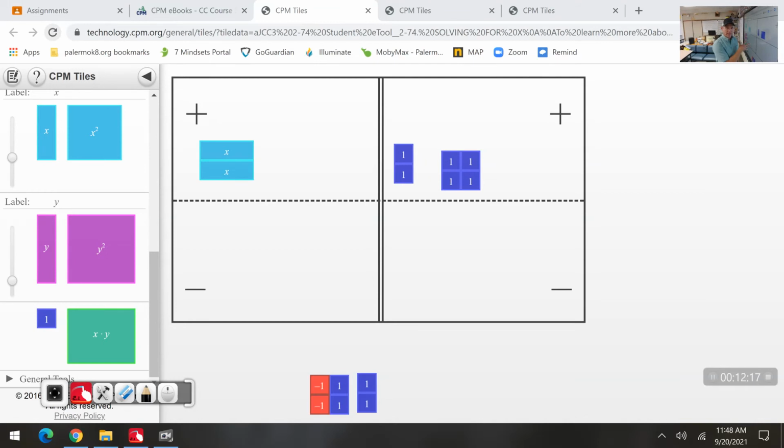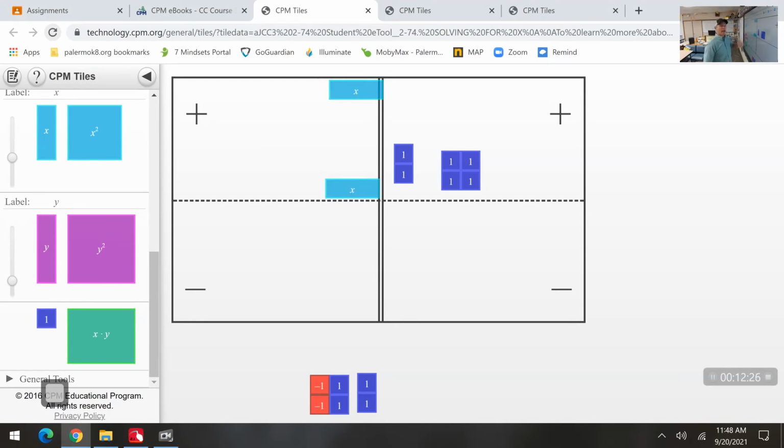Right now, I have 2 x's. I only want to know what 1x equals. So instead of 2 x's, I'm going to look at 2 groups of just one of the x's. So what I'm going to do is I'm going to take my tiles and I'm going to regroup them.